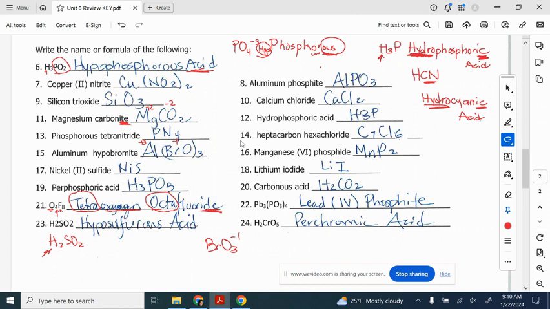What else do you want to talk about in terms of naming, writing formulas, that sort of thing? You're going to need to make sure that you are absolutely solid on this because we are getting ready to take these and make them into compounds or reactions. Okay. So you'll get a problem, something like aluminum phosphite plus calcium chloride.